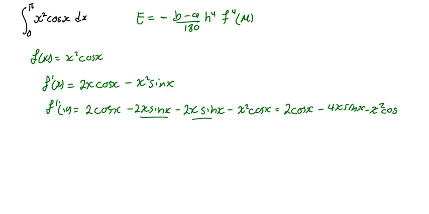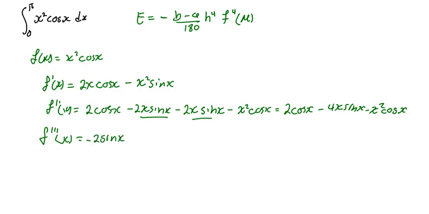So your third derivative, f triple prime of x, is just going to be equal to, the derivative of 2 cos x is going to be minus 2 sine x.